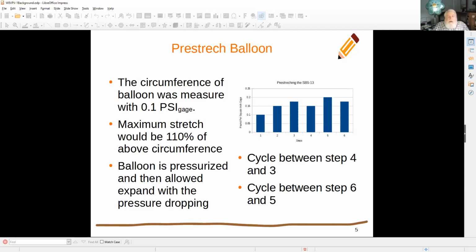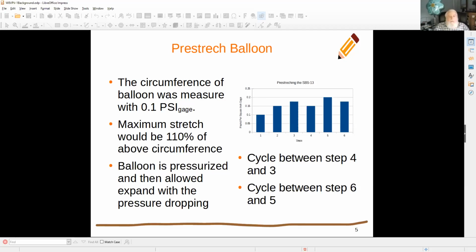to do is to fill the balloon up to about 0.1 PSI gauge and measure the circumference of the balloon then. So we did that, and Mel took a string to measure it, and he tied the string off at the 100% point, and then he measured out another point that was 10% higher than that, or at 110% of the original circumference.